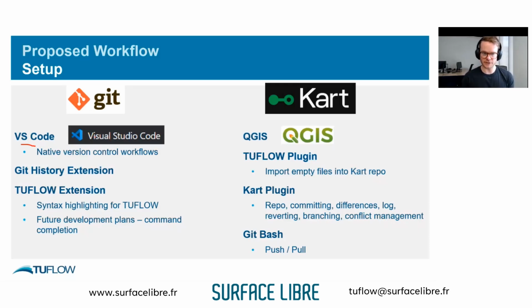VS Code is completely free and it's just a little bit more heavyweight than Notepad++, but not much more. So it is probably an easy thing to just adopt, to switch over to use. You're not paying for it or anything, essentially.